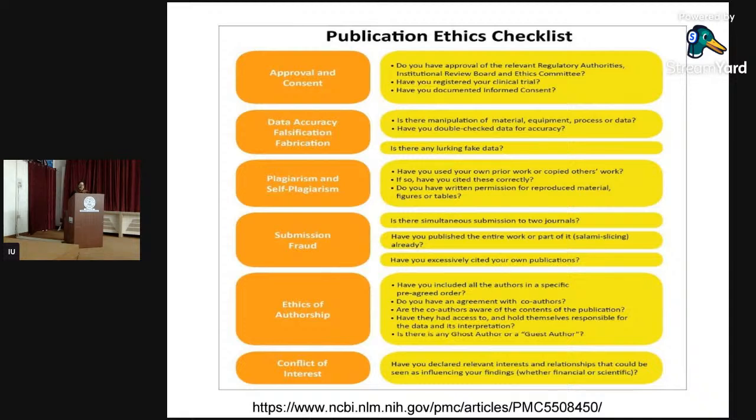So have you included all the authors in a specific pre-agreed order? Please pay attention to this term, pre-agreed order. It is good practice to decide the authorship right in the beginning of the study so that later on conflicts of authorship do not arise.